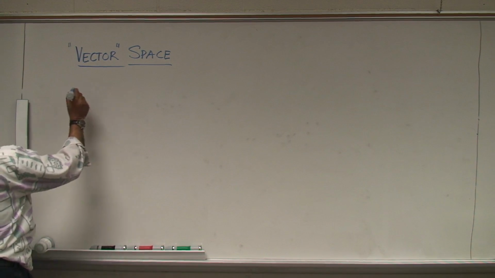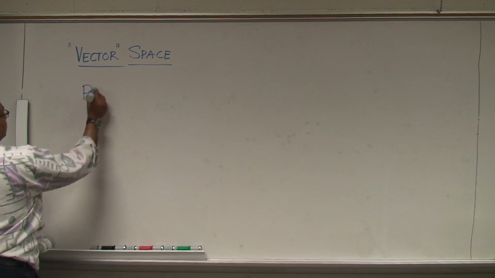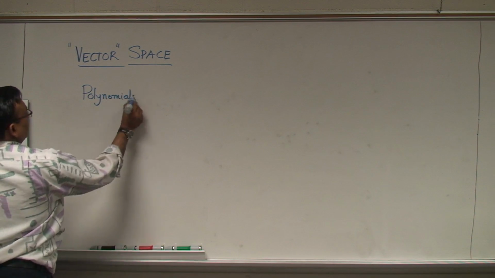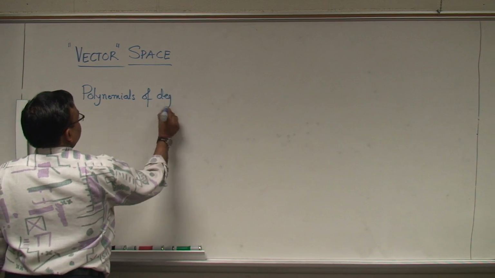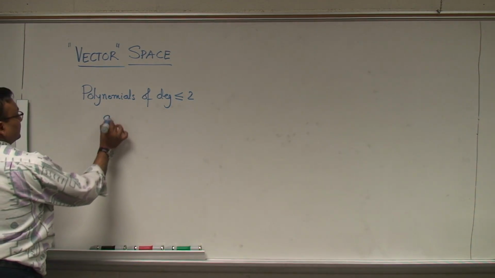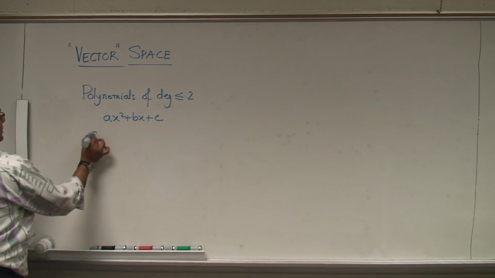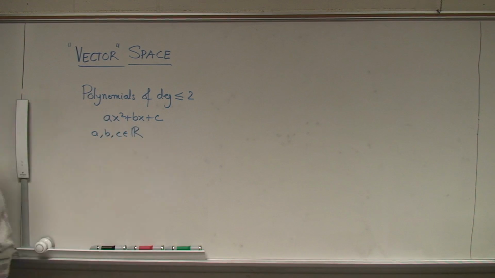So let me give you an example. Suppose I take polynomials. Let me confine myself to polynomials of degree less than or equal to 2. So anything which looks of this form, ax squared plus bx plus c, where a, b, and c are real numbers, so there could be 0 also.